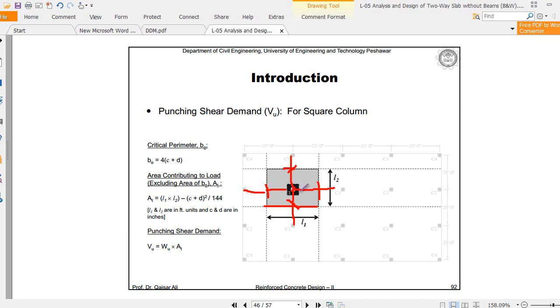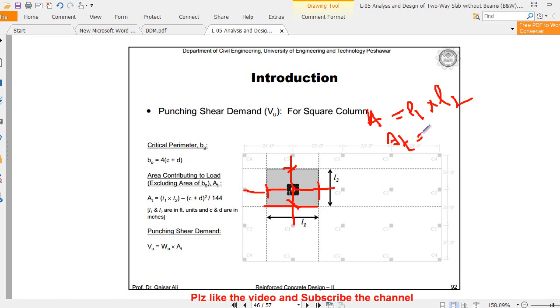Now remember, once you multiply your L1 with L2, you get the total area. If you want to find your tributary area, you need to subtract Ar, the critical area, from the whole area. This will be your tributary area.